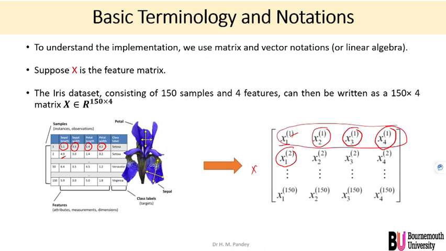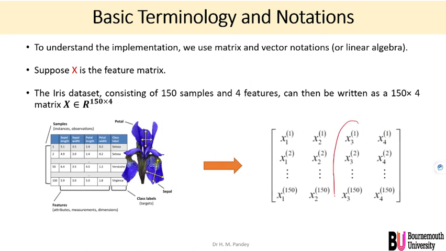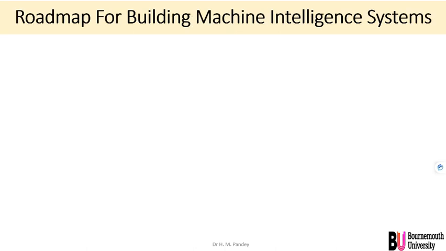For performing some operation, you just need the first 2. So how will you ignore the remaining? You just want to take these 2. Or in another case, you are interested in taking only this vector to perform a certain action. So how will you select it, and how will you ignore this one and the last feature vector? So you should know some basic operations of matrix and vector.